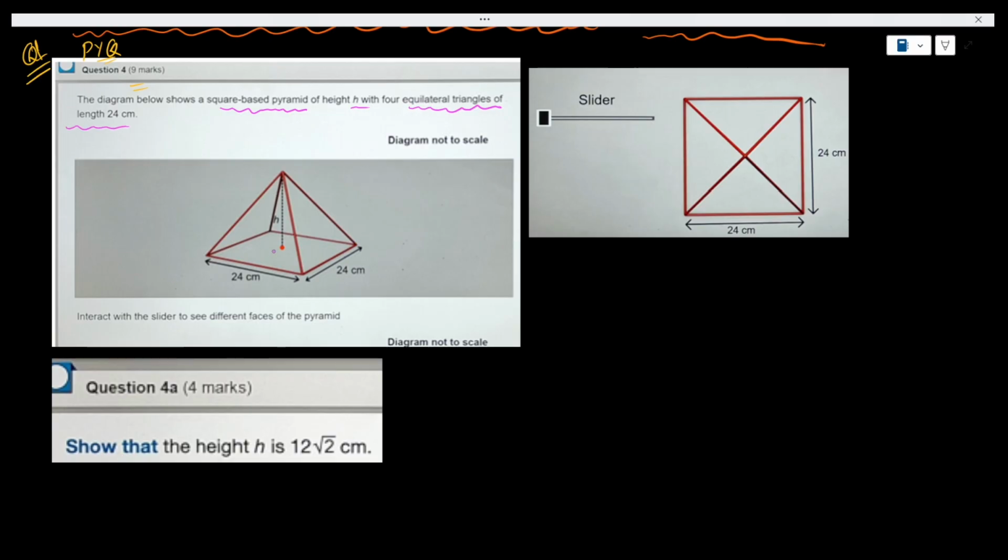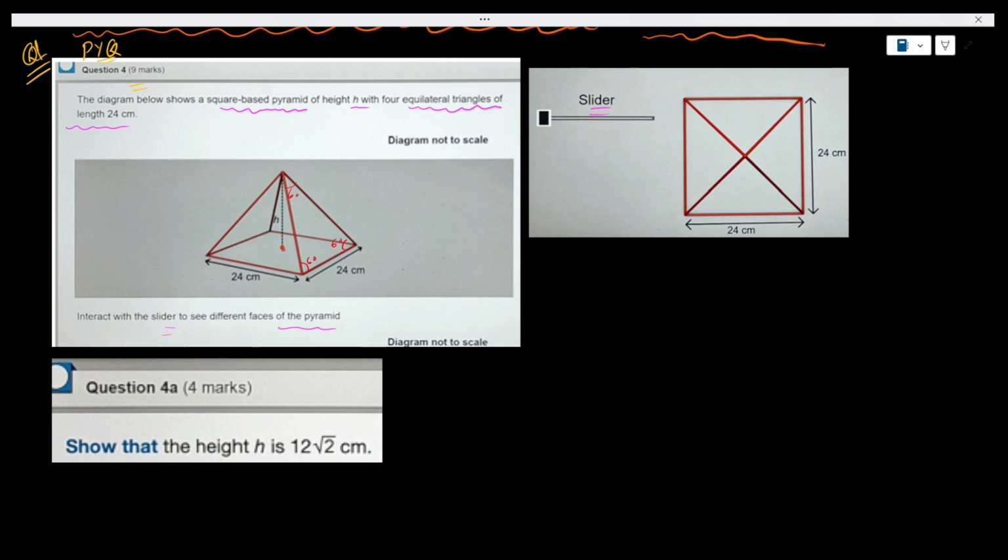First you have to observe the pyramid here, and interact with the slider to see the different faces of the pyramid. It's given that it's an equilateral triangle, so each angle will be 60 degrees. Now for the height, there are two things you can do.